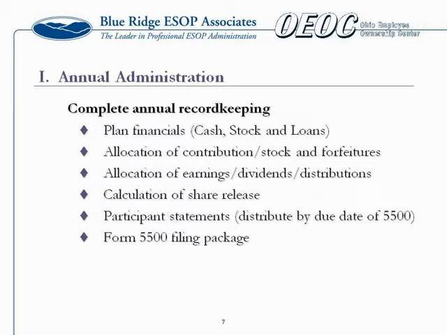We've had a few clients in the past that say, we'll just send you the census once we get our stock valuation, and that's not the best way to do it. It's better to get everything rolling, and then the valuation is the last piece.